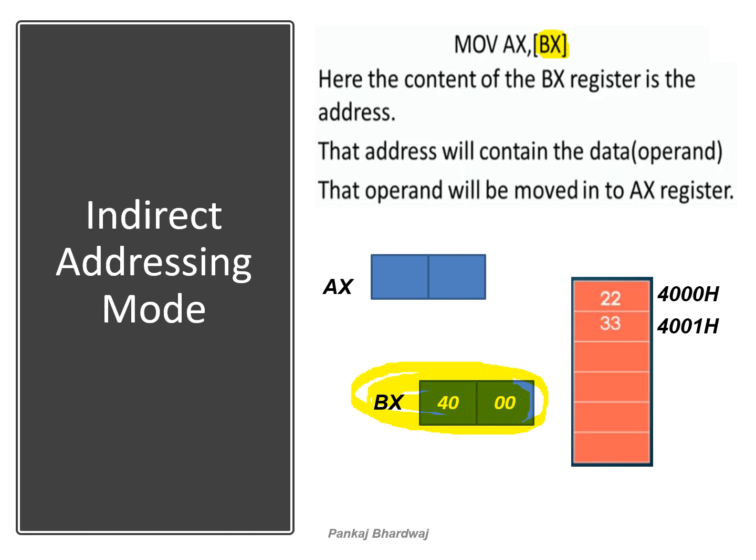So BX contains 4000. That means the data or operand will be available in the memory locations 4000 and 4001. So the 22, that is the data available at 4000 location, will be moved to AL, and the next memory location data, that is 33, will be moved into AH.